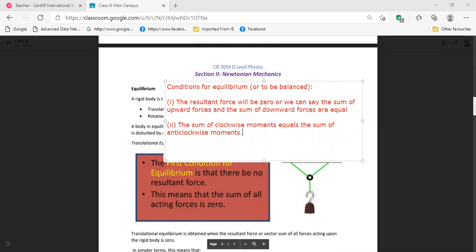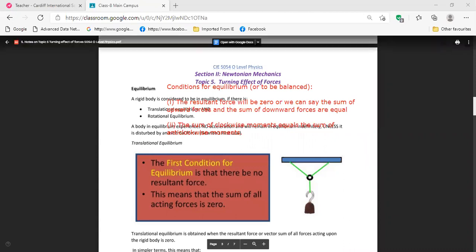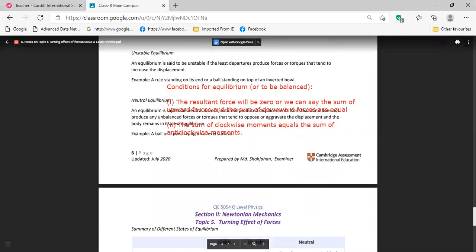Are you done with writing this? Yeah, you take a snap, please. Send it to the group. Is it done, Anmol? Sir, it's done. Yes, sir. Yeah, please. Okay, then we are going to the explanation of how it is working, and I will also give you the formula. Here you go.